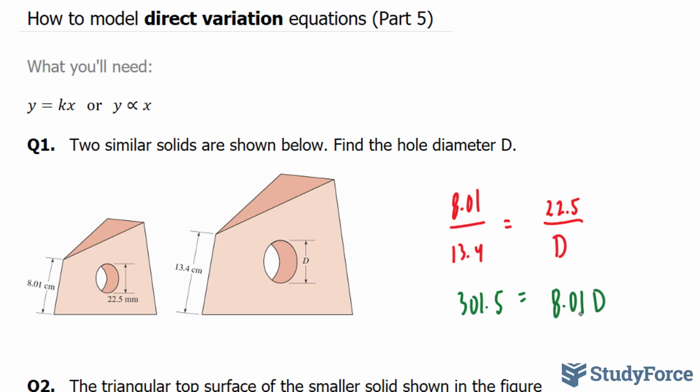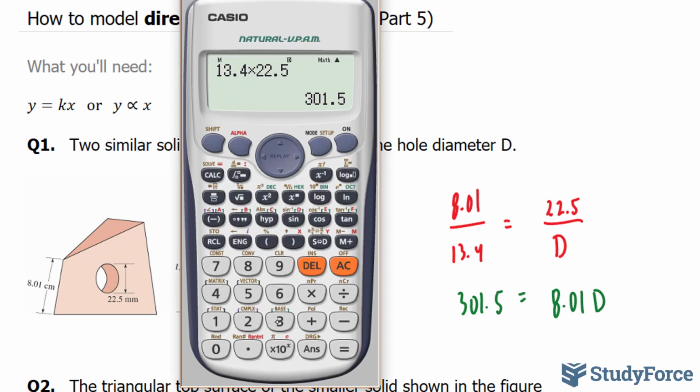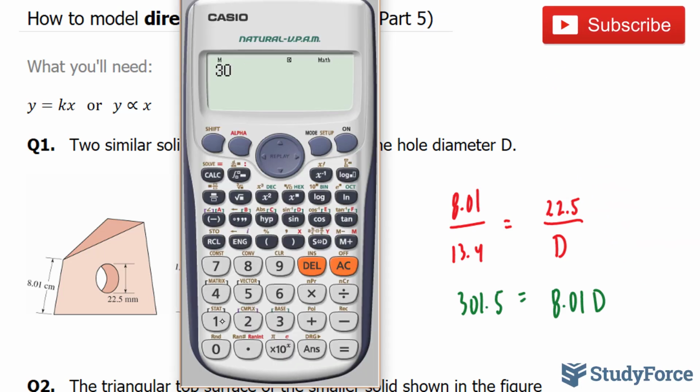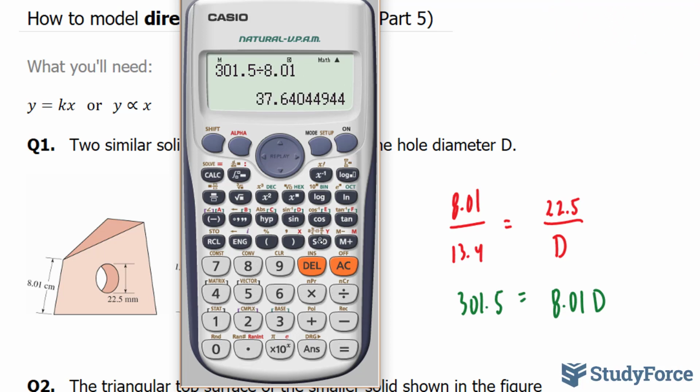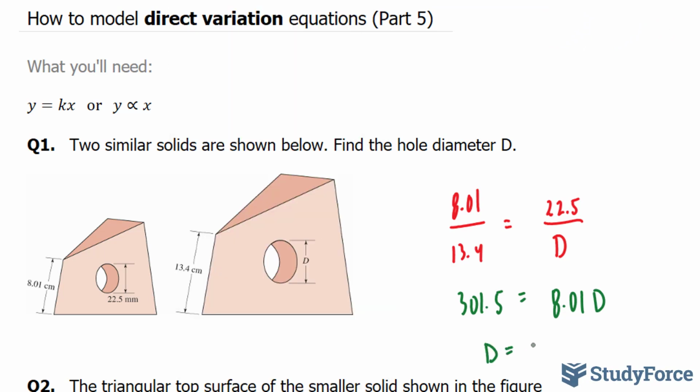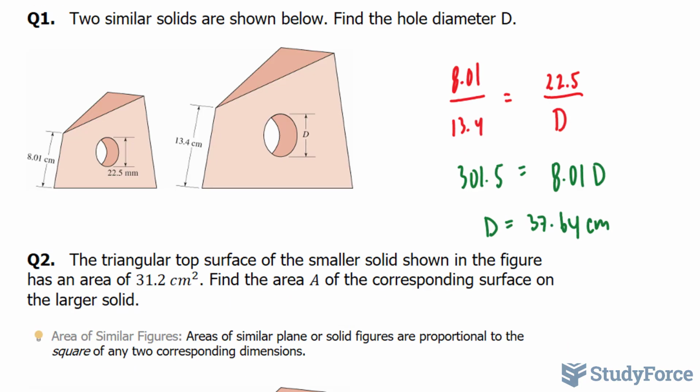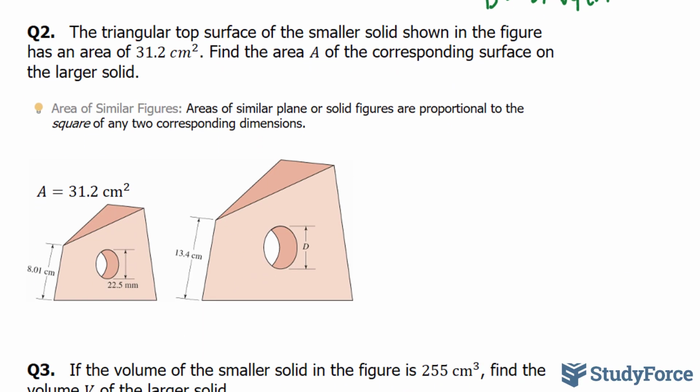Dividing both sides by 8.01 gives us 301.5 divided by 8.01. We end up with a diameter of 37.64. So d is equal to 37.64 centimeters.